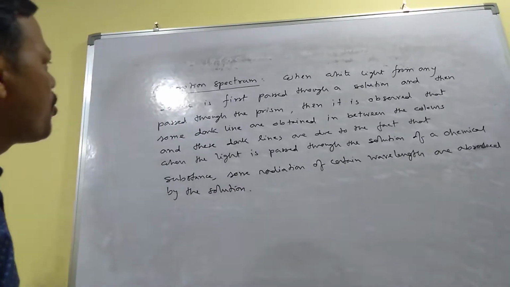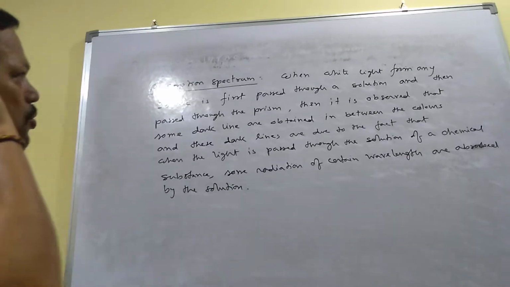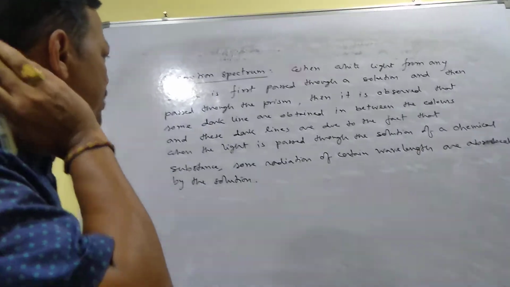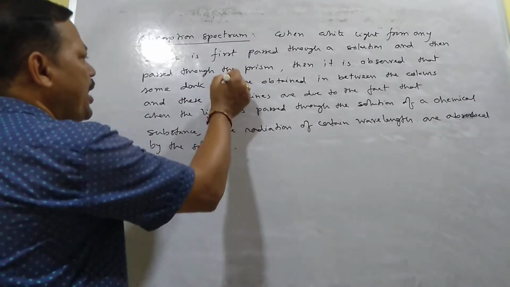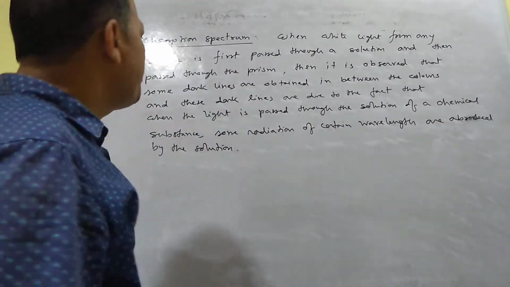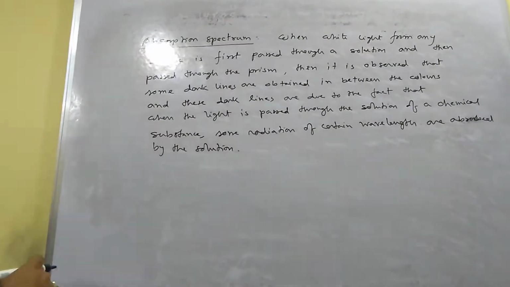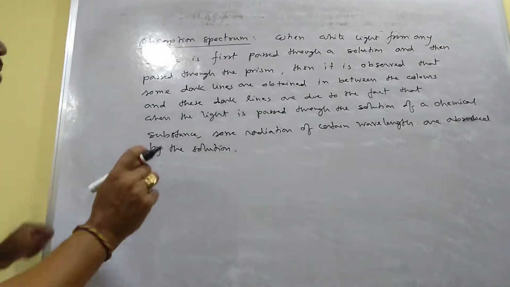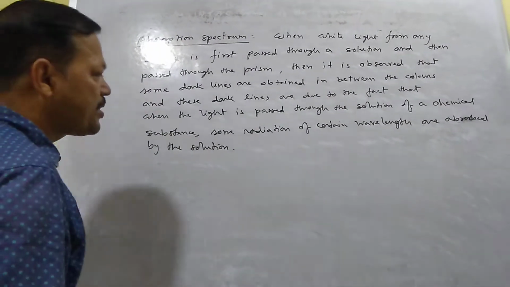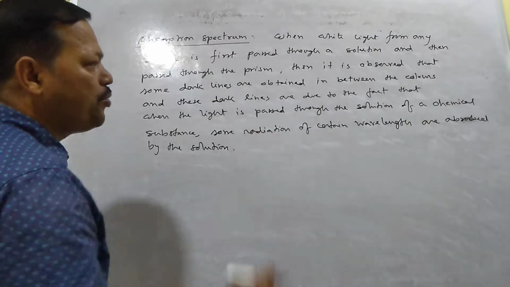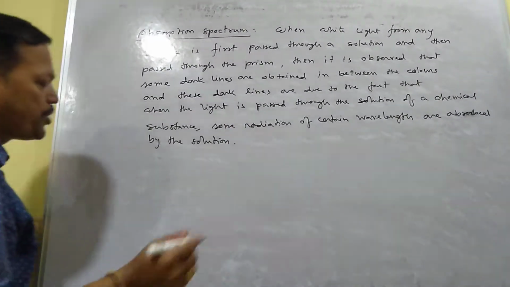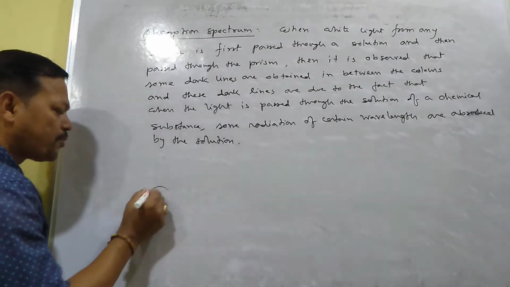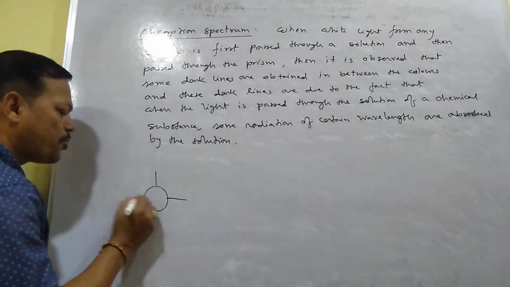When white light from any source is first passed through a solution and then passed through the prism, then it is observed that some dark lines are obtained in between the colors, and these dark lines are due to the fact that when light is passed through the solution of a chemical substance, some radiation of certain wavelength are absorbed by the solution. For example, suppose this is a source of light.